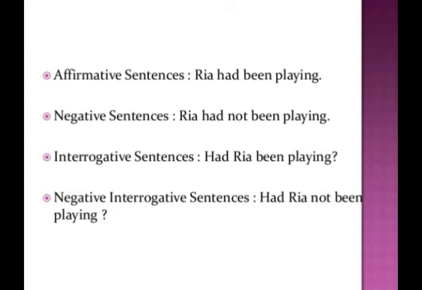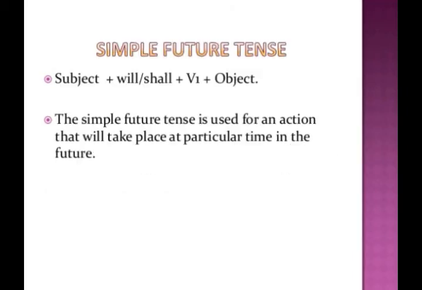Okay, so we use been with subject and object, and in verb as it is continuous, so we use ing. The next one is had Ria been playing, and the negative interrogative sentence is had Ria not been playing. See, it's past perfect continuous, so we use the word had in it.